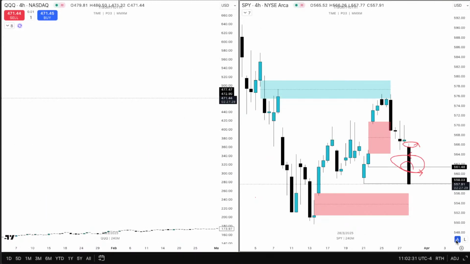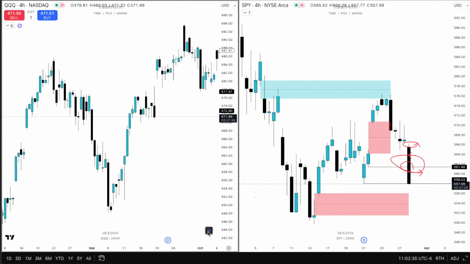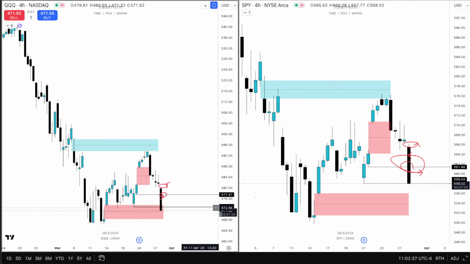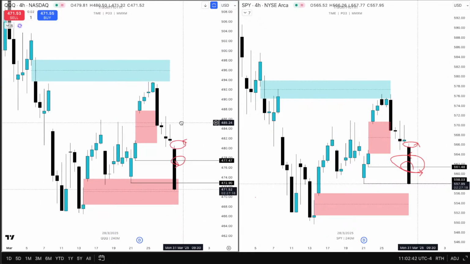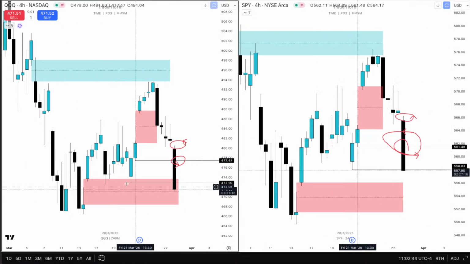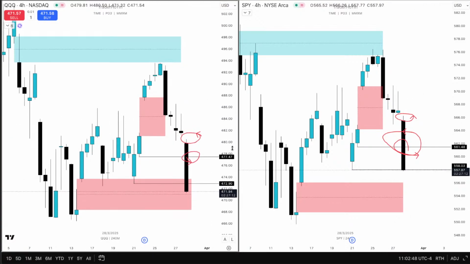Let's have a look at SPY and QQQ. See, that's what I was talking about earlier on in the stream. When you are trading NQ and ES, you have to look at this chart.